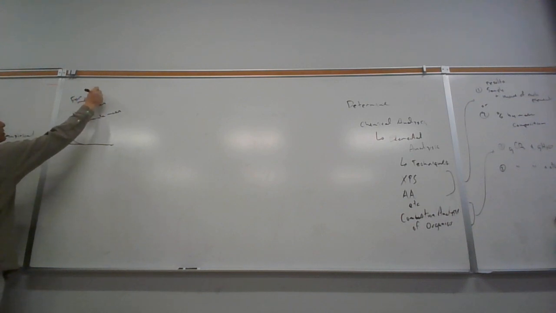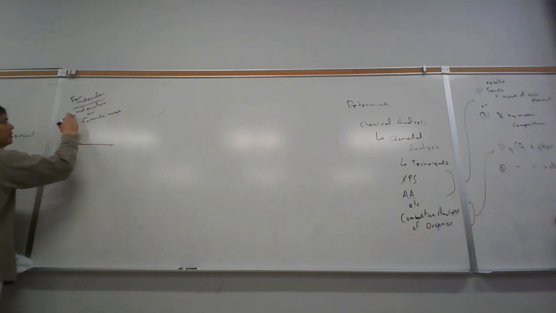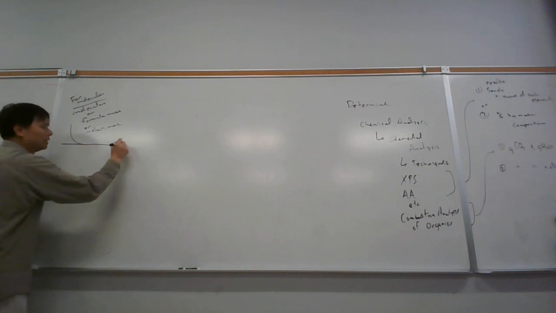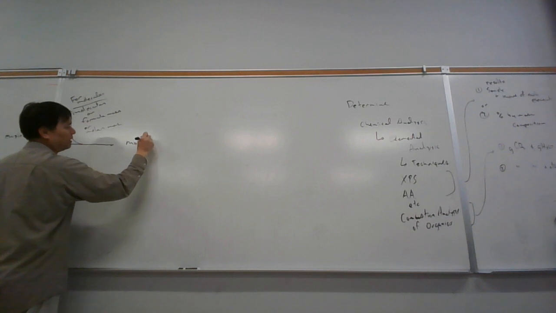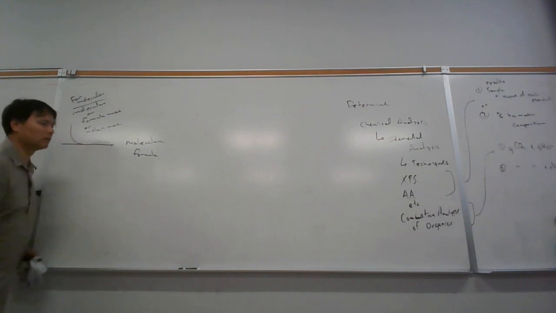If we have a salt, salts are usually written as the empirical formula. It's the formula unit. For molecules, we want the molecular formula mass or molar mass in order to get the molecular formula. And so we try to do an extra step if it forms molecules. We want the molecular formula, not the empirical formula.